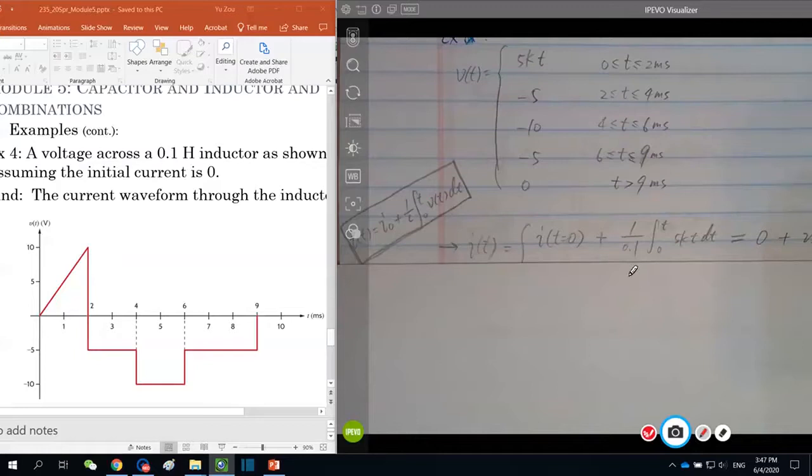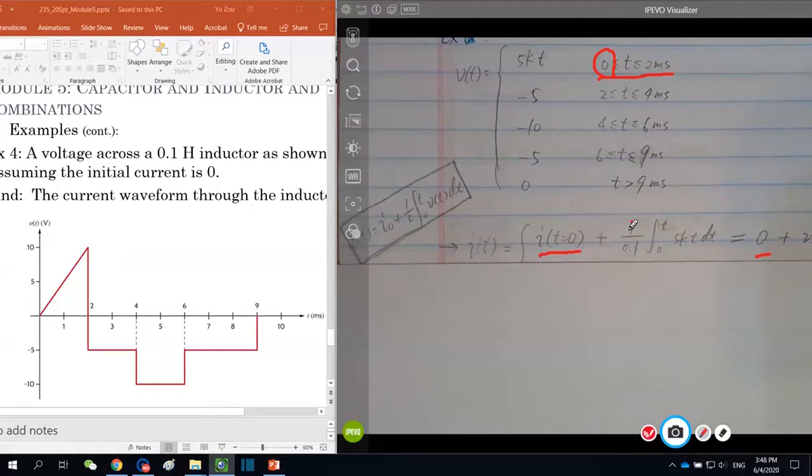So here's the solution for the first time window. The initial value for this time window is the current value at t equals 0. It is either given or otherwise assumed to be 0.